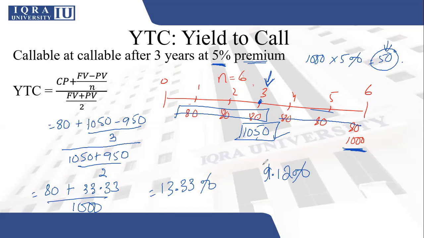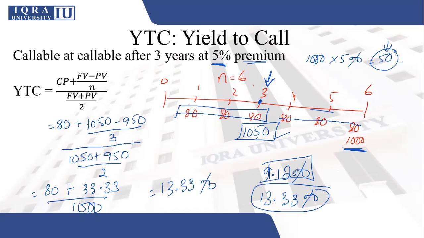So if the bond completes its maturity, it will give the investor a return of 9.12%. And if the bond ends before maturity, the investor will get a return of 13.33%. So the investor will be compensated for the bond that is ending before its time. But in order to understand better why a corporation would still do that, you should go back and see the previous recording on callable bonds.